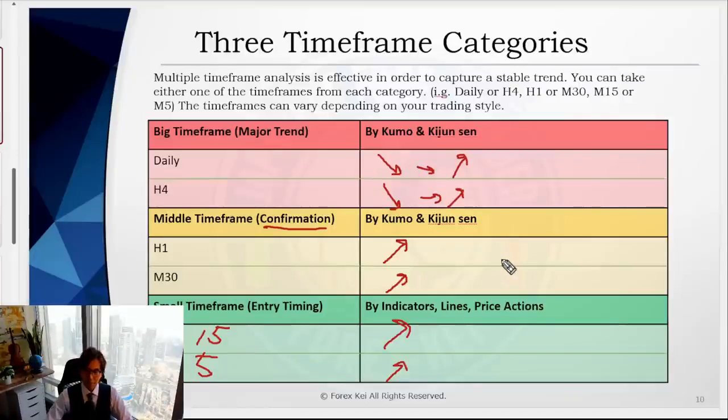That's why if you see either 1 hour or 30 is flat or up, that means the market may retrace. So the market may stop downtrending based on the daily or the 4-hour time frames.